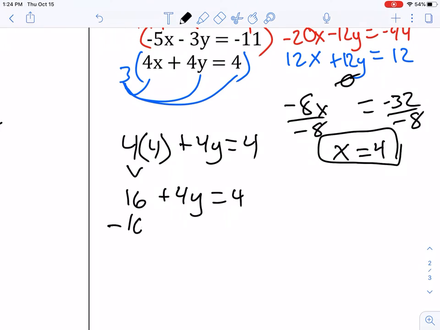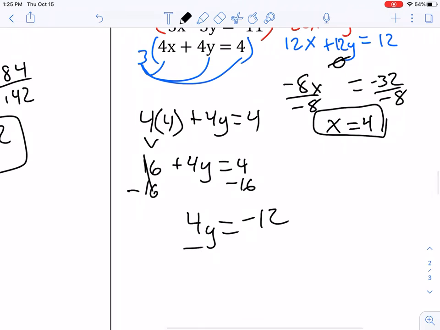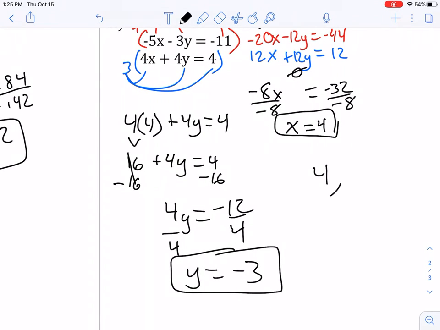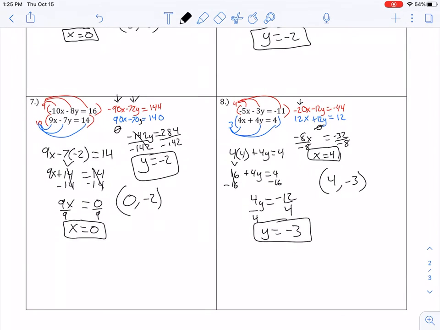We're subtracting 16 from both sides. So 4y equals negative 12. And then we're dividing that. So y equals negative 3. So I find my x, comma, y in parentheses, and that's our solution.